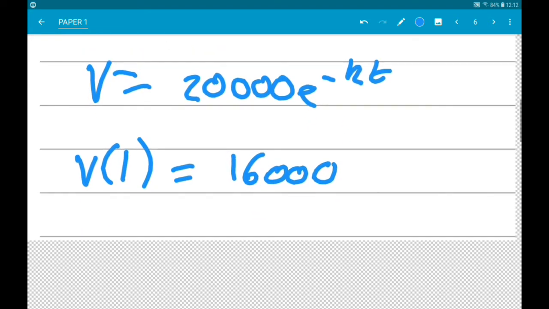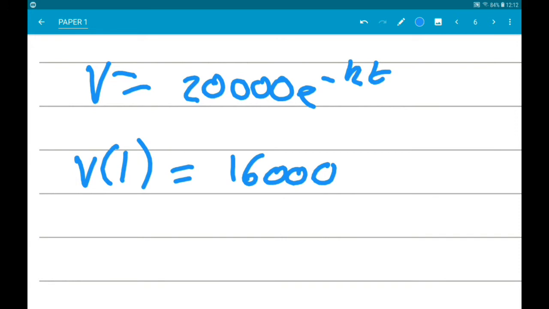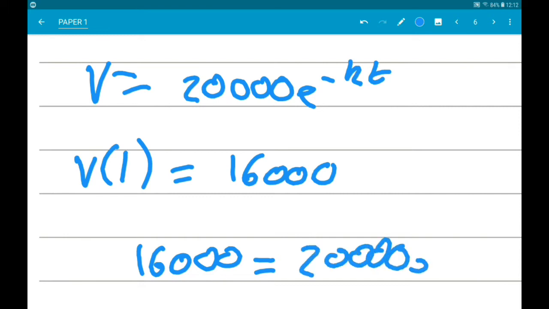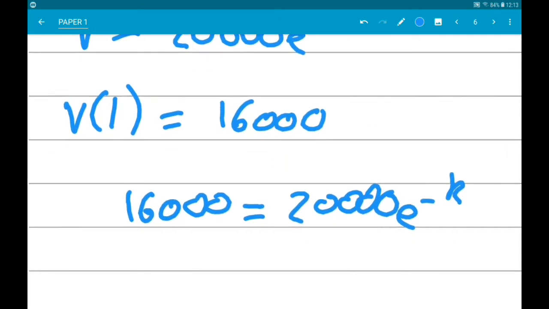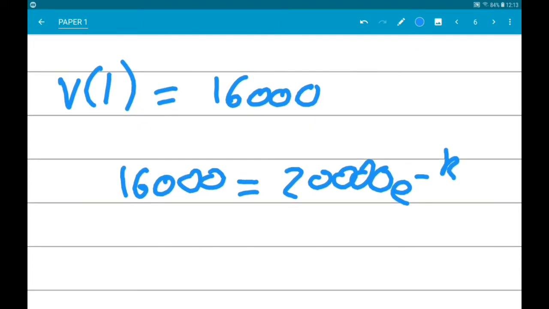So, from that, we get 16,000 is 20,000 e to the minus k. Okay, divide through by 20,000, we get 0.8 is e to the minus k.